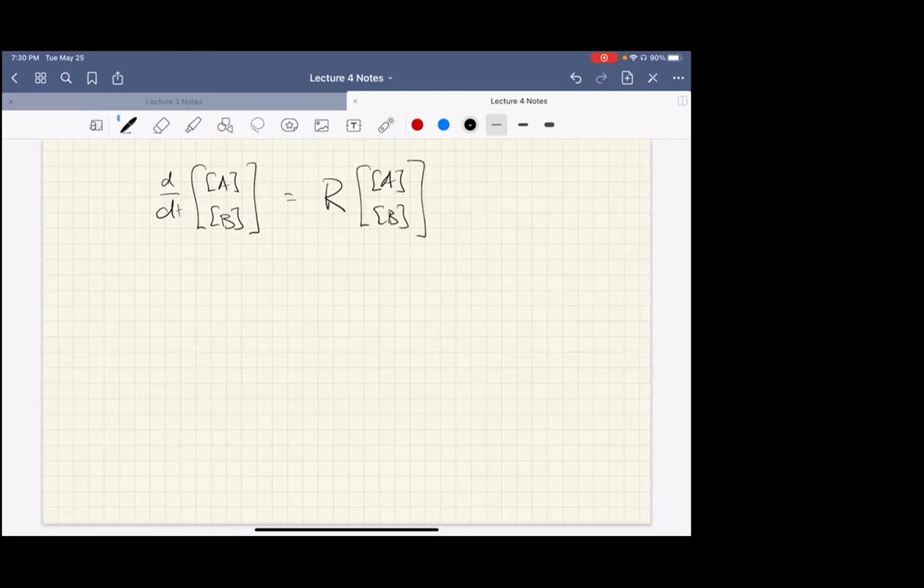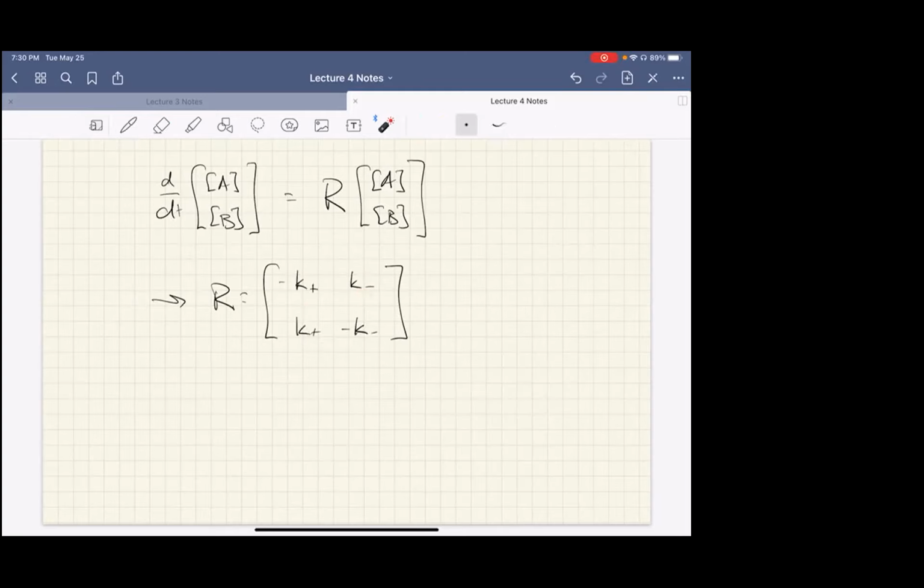We talked a little bit about how to get the rate matrix. In this particular example, R looks like this. And we pointed out that the columns of R always have to sum to 0.